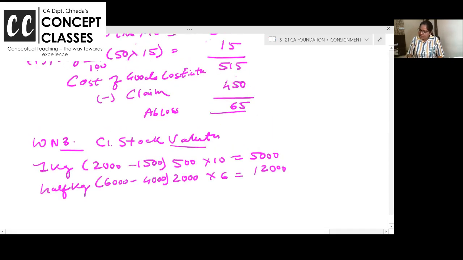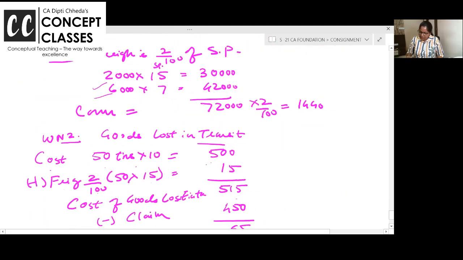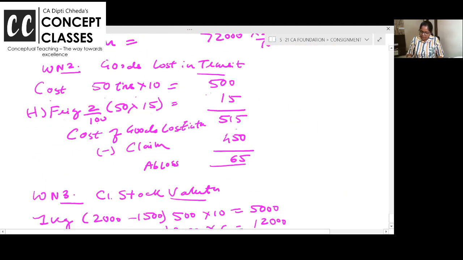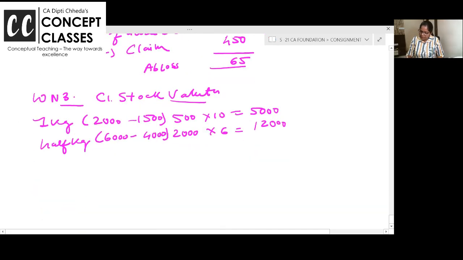Oh, 1 packet was lost in transit also, no? That will also reduce from stock. Which one was it? 1 packet lost in transit. 50 tins. Yeah. Please change this answer. 1 kg tins will reduce further. 1500 are sold and 50 are lost in transit. So 450, 4,500. 50 of the 1 kg tins are lost in transit.